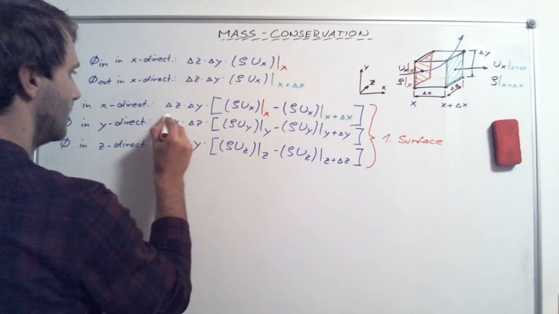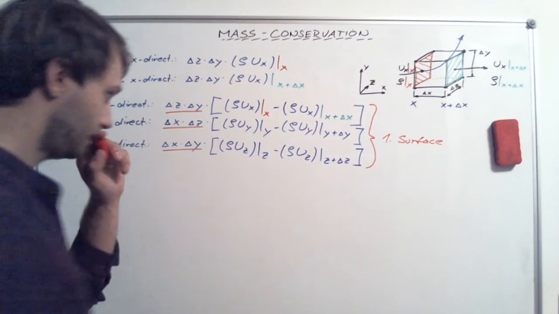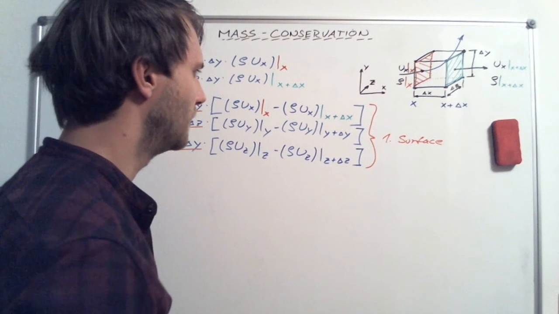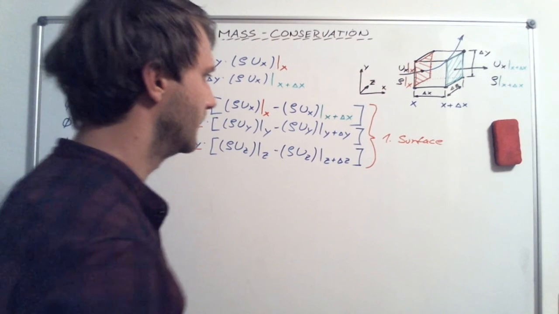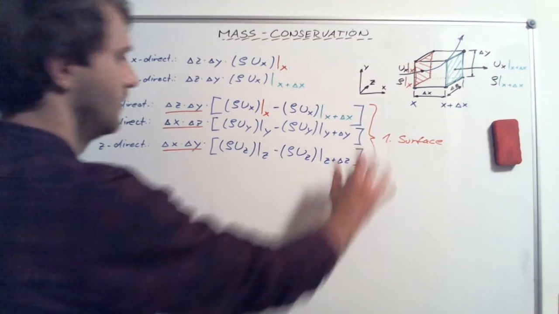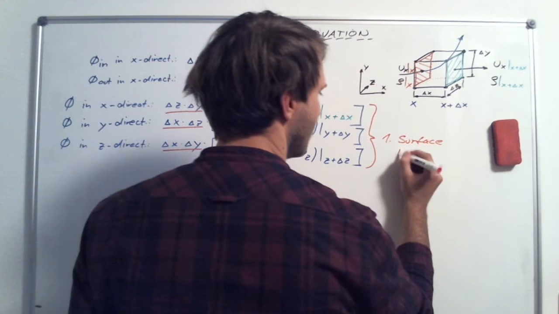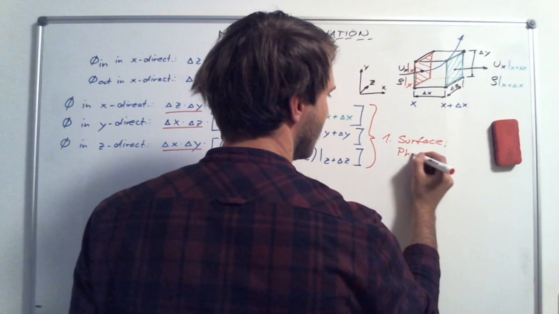The surface is always here. It's an area. And the flux which will cross this area, I will say this is the surface, it's a phenomenon.